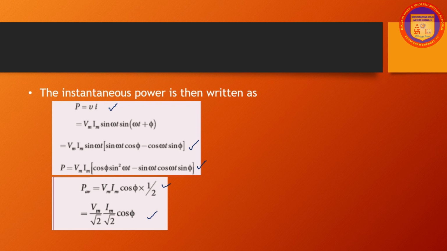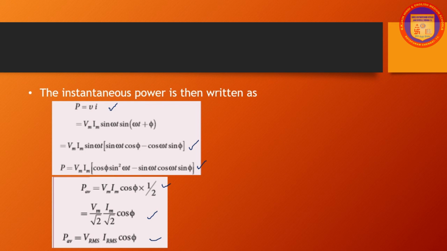Vm by root 2 is nothing but Vrms, Im divided by root 2 is Irms. So P average is equal to Vrms Irms cos φ, where Vrms Irms is called apparent power and cos φ is called the power factor.